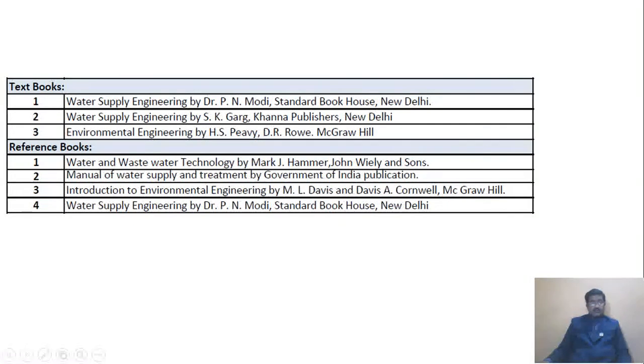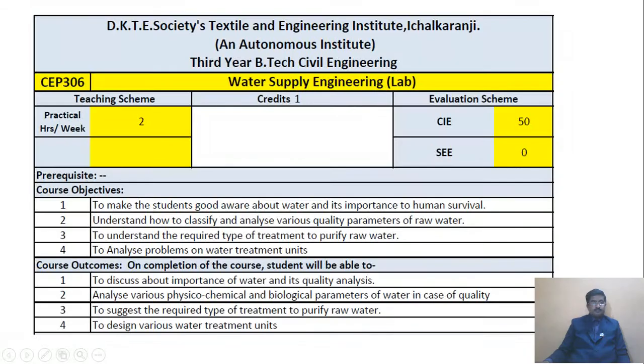Then the reference books are Water and Wastewater Technology by Mark Hammer, Manual of Water Supply Treatment by Government of India publication, Introduction to Environmental Engineering by M.L. Davis, and Water Supply Engineering by Dr. P.N. Modi. So these are the good books available for this subject.